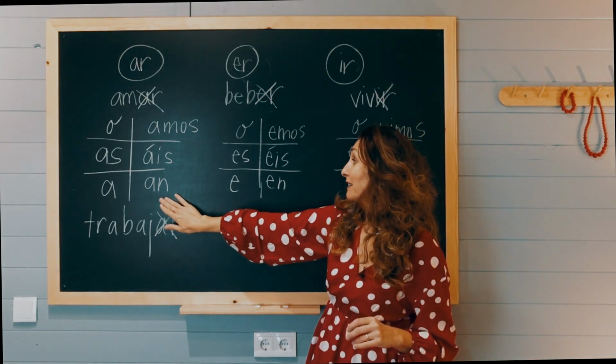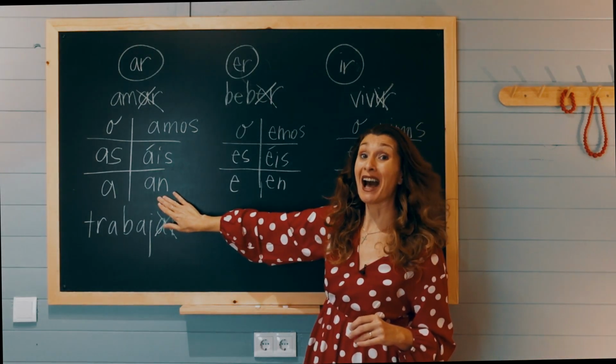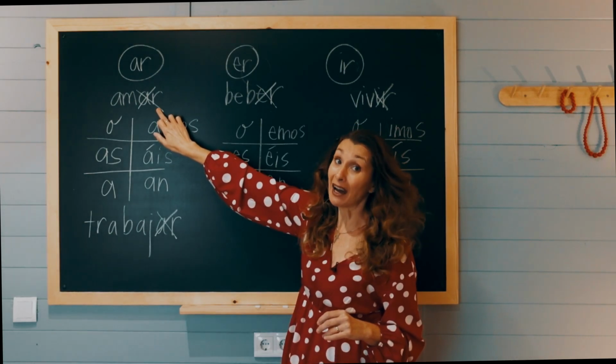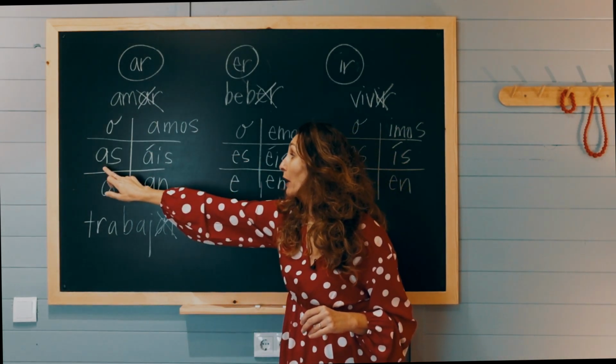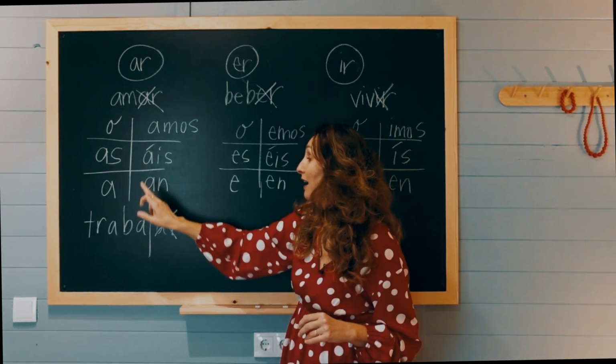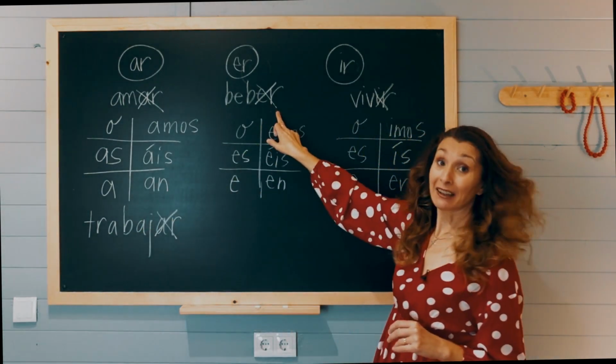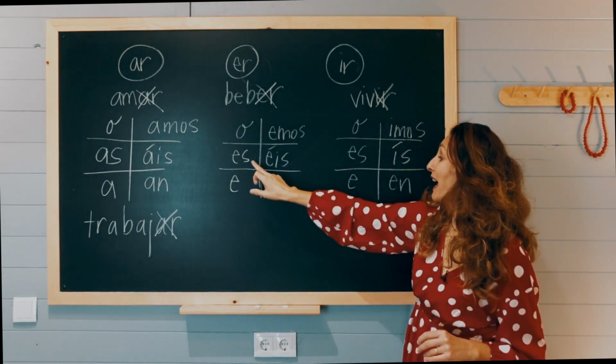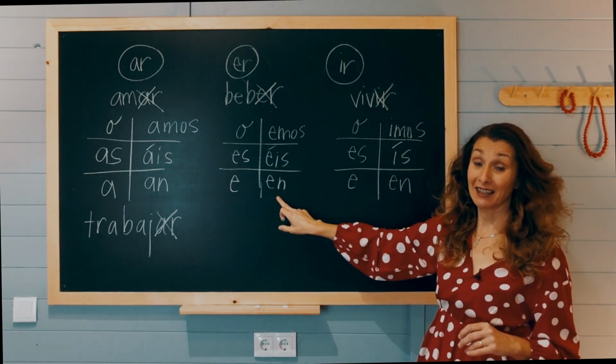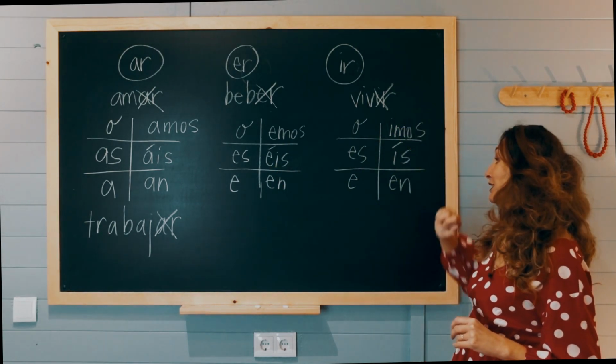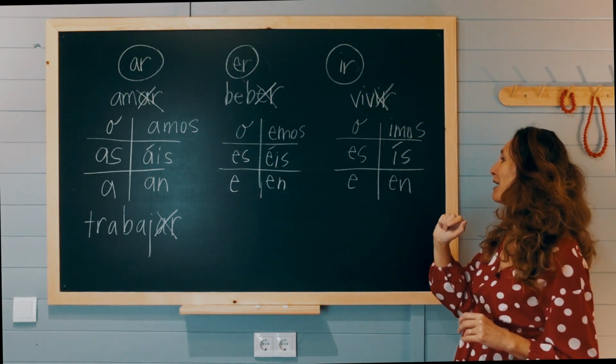And now things start being different. Here, they all end with a, the ar conjugation. We all have a, and a. Er conjugation, we have e, and e. Ir conjugation, something happens.